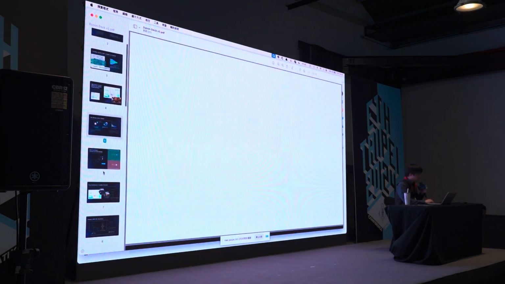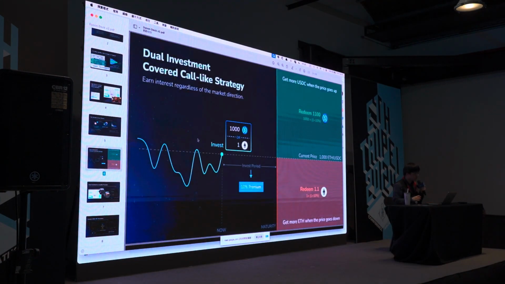The first part, as mentioned, is your investment. Whenever you try to invest or provide liquidity in Dyson Finance, you will always face a situation where you feel yourself performing a swap, but you won't get the outcome immediately, but instead you get a note that could be redeemed a certain time later.